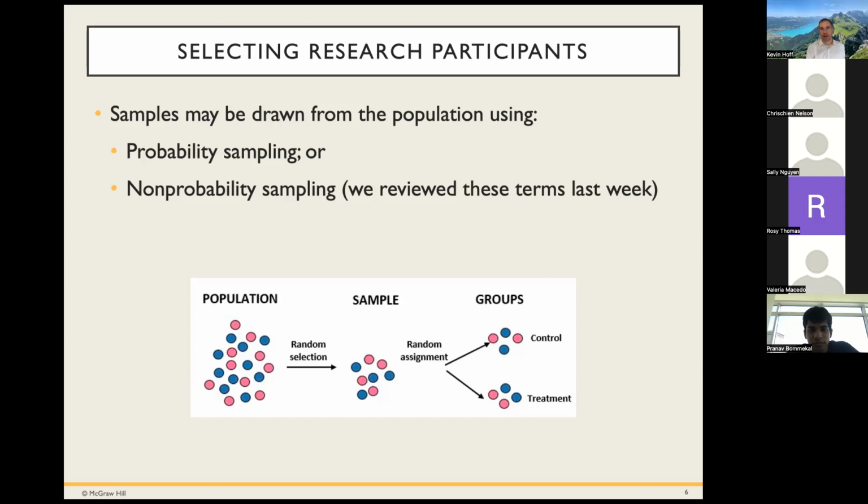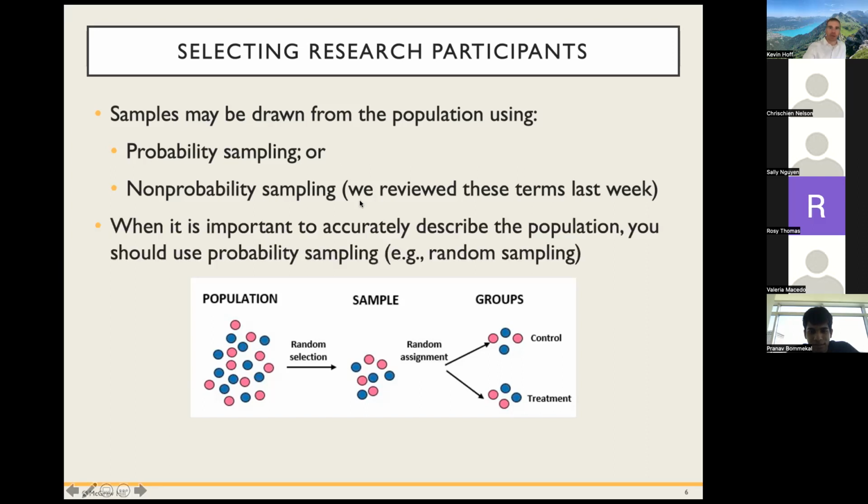You don't actually know the specific probability that any individual from the population was going to be included. It was just chance, coincidence, that you got the first 100 people you could, and probably those 100 people are going to differ from the full population in a bunch of different ways.